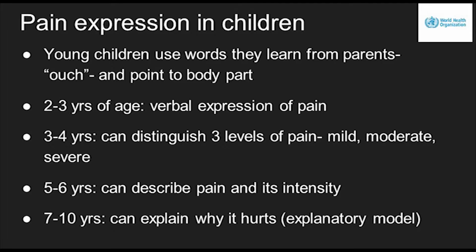By 5 or 6 years, they can start describing their pain in different characteristics. And by the age of 8, they can start having a full intensity score. They can identify, and they can even start explaining why they feel pain. So that's when you can start getting an explanatory model of the patient's pain, or a biopsychosocial model, which we'll get into.